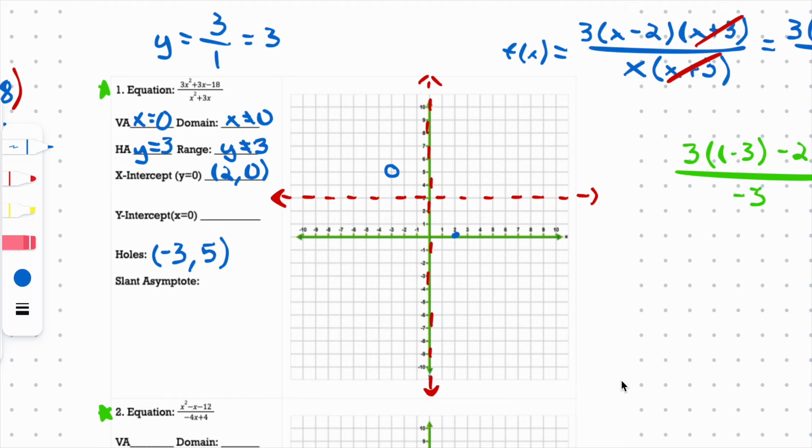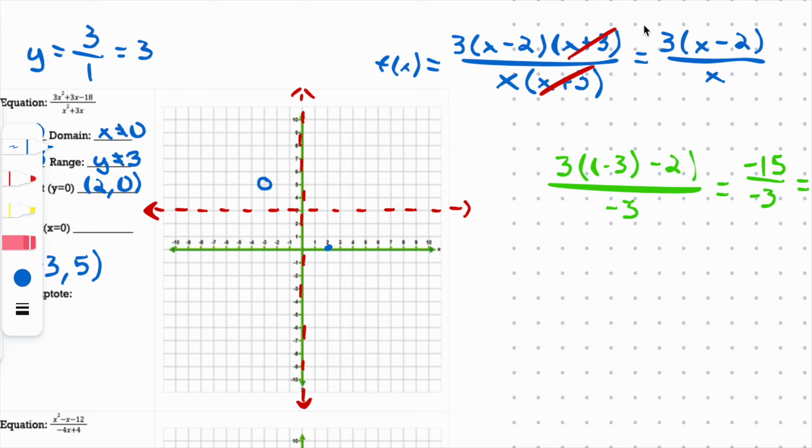So at this point, what we want to do is just plug in a couple of points and see what we get. So I'm going to use our equation up here. So let's plug in x equals 3 to get a point right here. Or actually, let's do 4. So 4 minus 2 is 2. 3 times 2 is 6. 6 over 4 is 1.5.